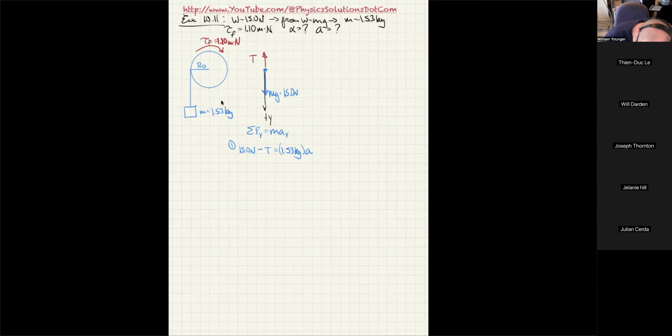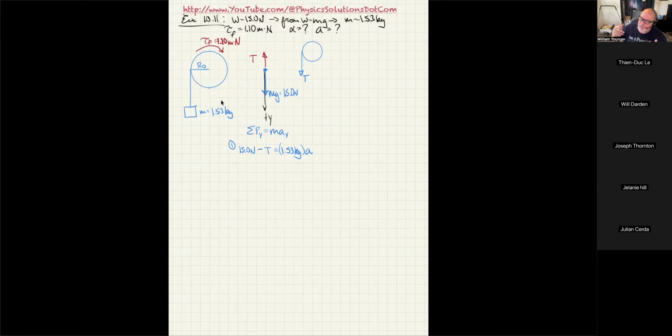Now I'm going to do a free body diagram for the pulley itself, and this time I'll make the pulley a little smaller just because I can. On the left-hand side, I have a potentially positive torque, and that is due to the tension on the left-hand side. Notice if you look at these two free body diagrams, the tension on the mass that's hanging is T and it points up, but the tension on the pulley, which is the same one, points down.